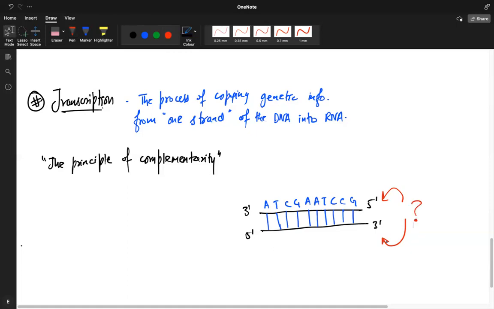Does the question make sense to you? So maybe because RNA synthesis... maybe because RNA synthesis starts from 5' to 3' end.